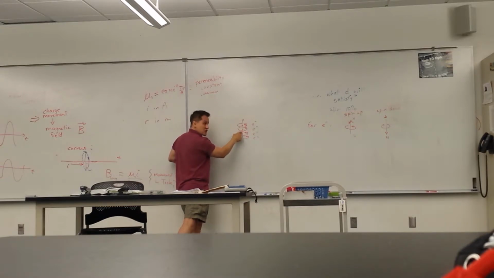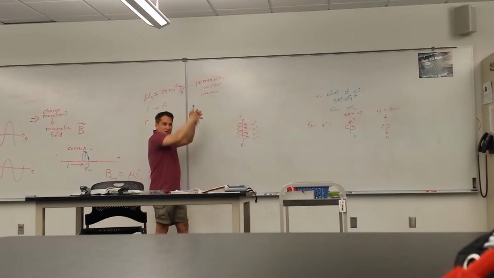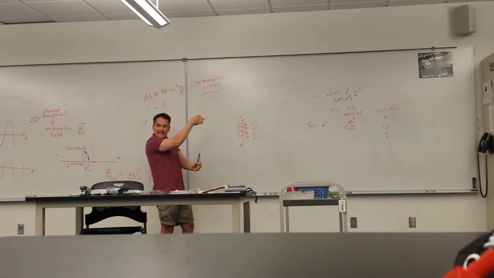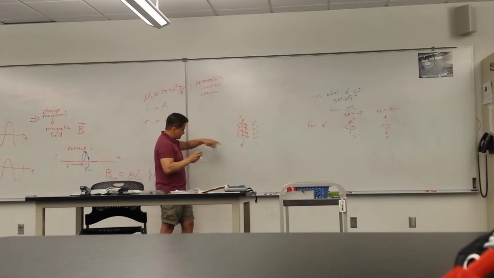The north attracts to the south of its vertical neighbor, north to south, north to south, and you end up with a stacked, combined magnet. It's like taking a bunch of those little ceramic magnets, and when you stack them all up, you get more magnetic field just by stacking the magnets up. I'll find some of those and show you that. I don't want to do it this second.